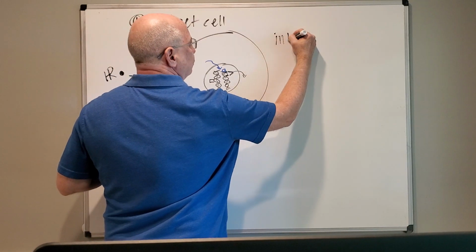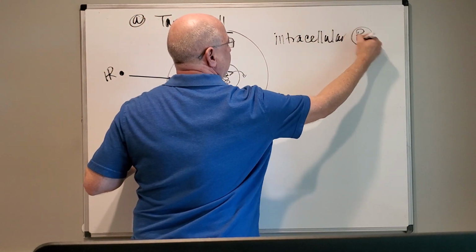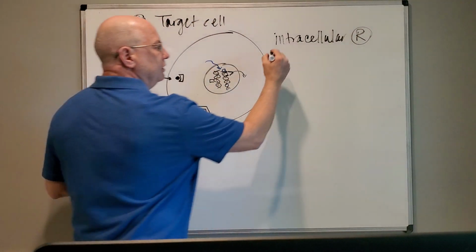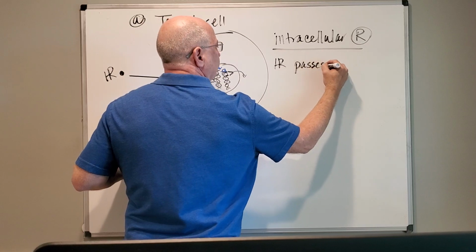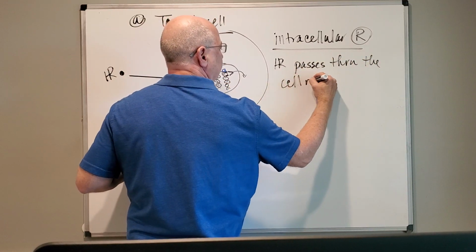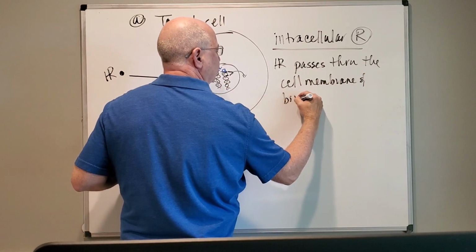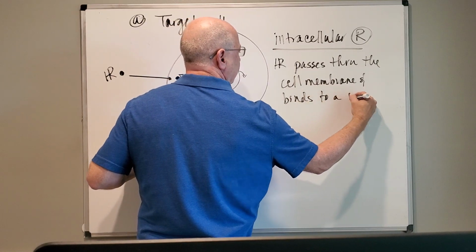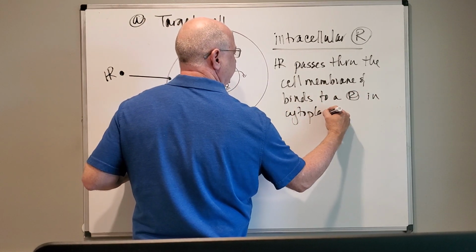So in an intracellular, when we have a target cell with an intracellular receptor, or what they call a cytoplasmic receptor, the hormone passes through the cell membrane and binds to a receptor in the cytoplasm of the target cell.